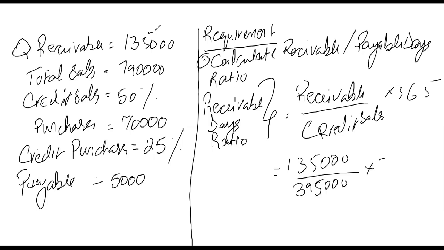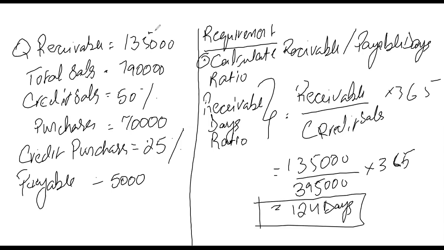So 135 divided by 395 multiplied by 365 days. It takes 124 days to recover the amount of sales. That is the recoverability of the amount of credit sales.